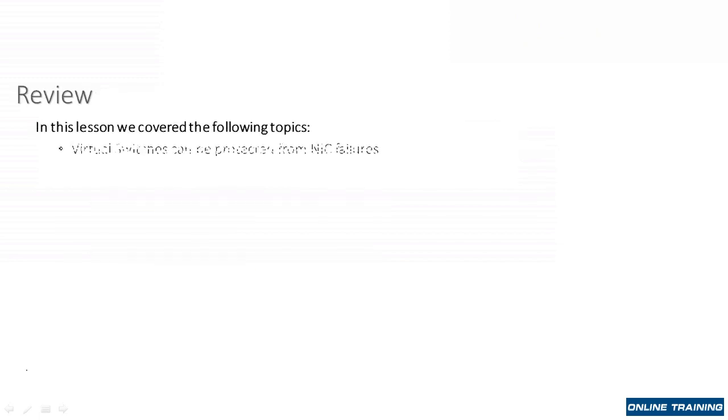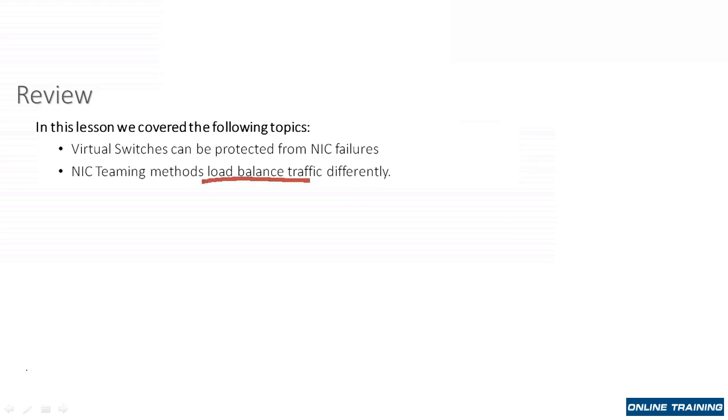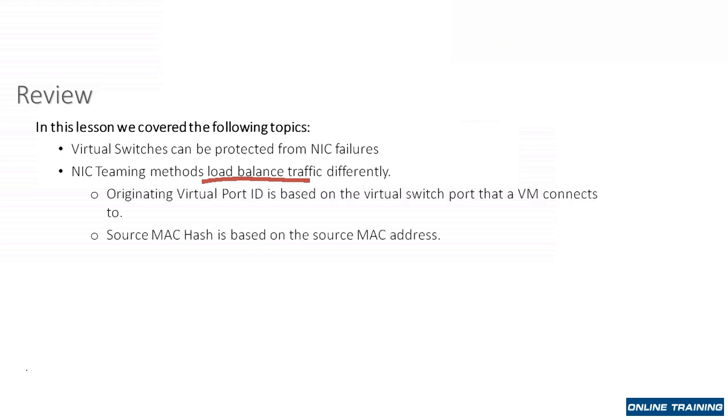Okay, so in review, we learned that virtual switches can be protected from NIC failures using a variety of NIC teaming methods, which are also utilized to load balance traffic. Different NIC teaming methods balance that traffic differently.